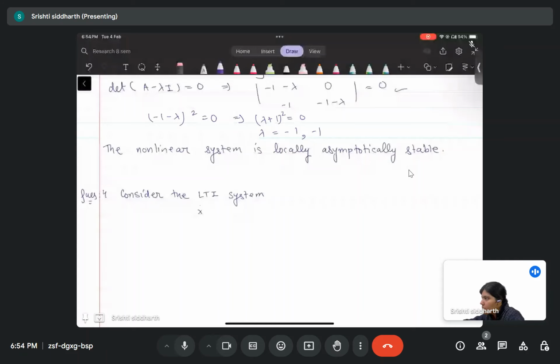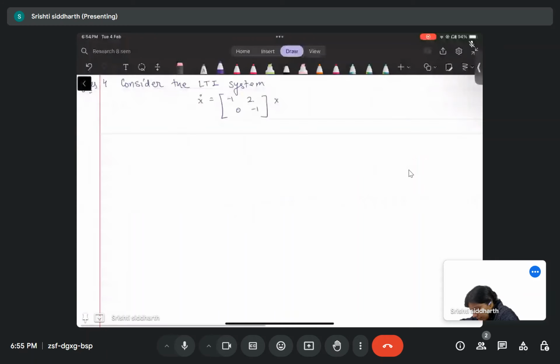So we have an LTI system and we have two parts. First we have the P matrix equal to identity. Solve the Lyapunov equation A transpose P plus PA and then comment on whether we can conclude anything about the stability of the system.